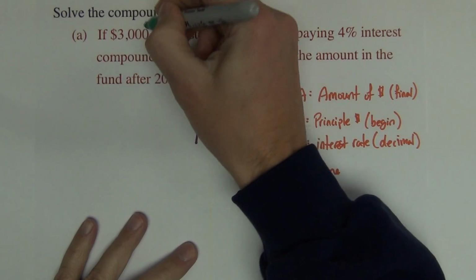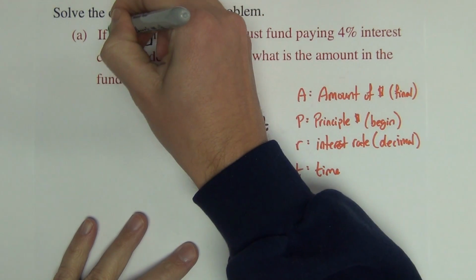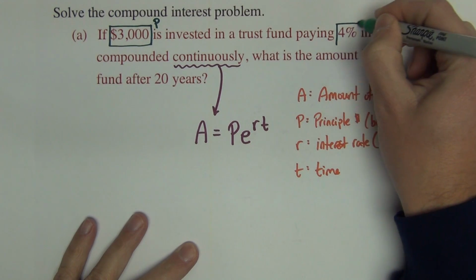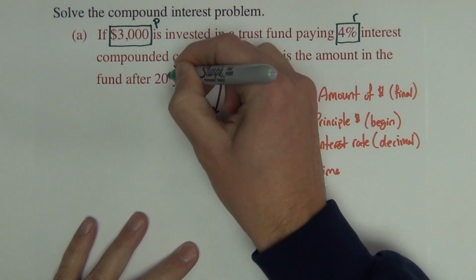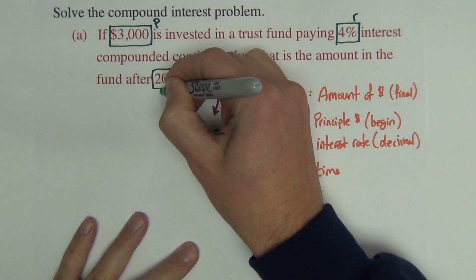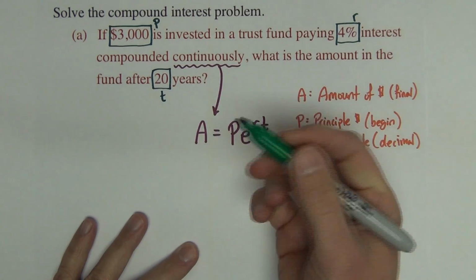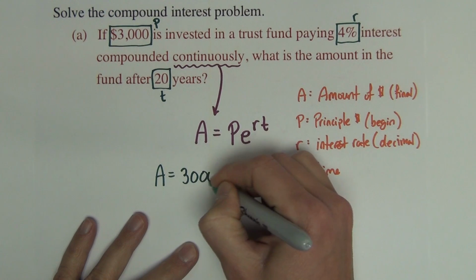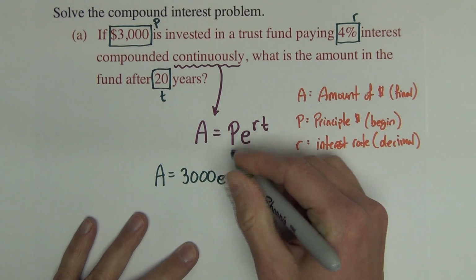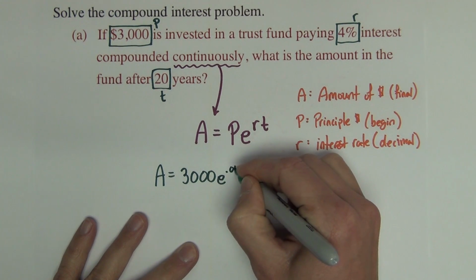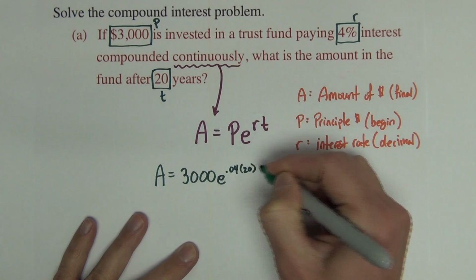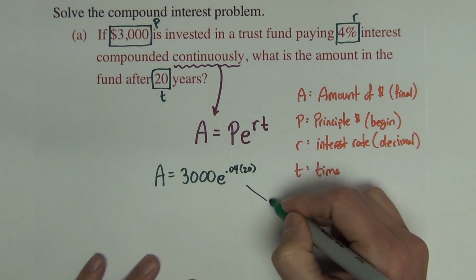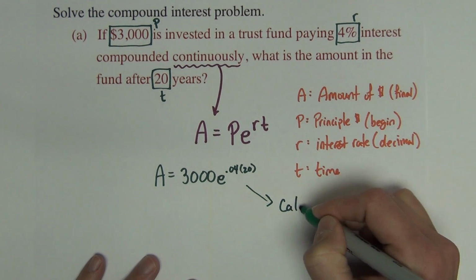Okay, so what three variables do we know? We invested $3,000. That's the P. We have interest rate 4%. That's the r. Over a length of time, 20 years, that's the t. So we're going to plug those values in, and we get A equals 3,000 times e raised to the 0.04 times 20. Once you get this far, just use your calculator.